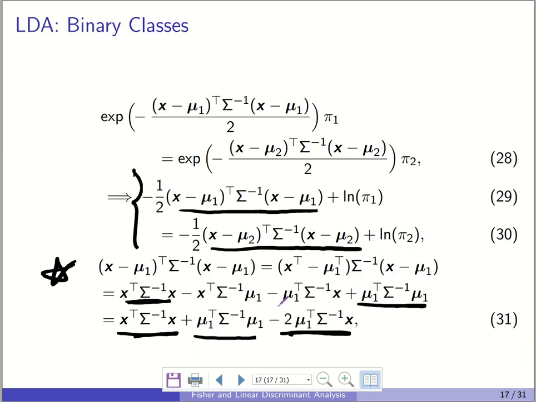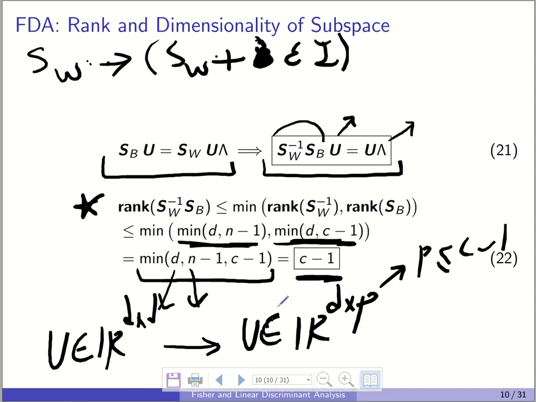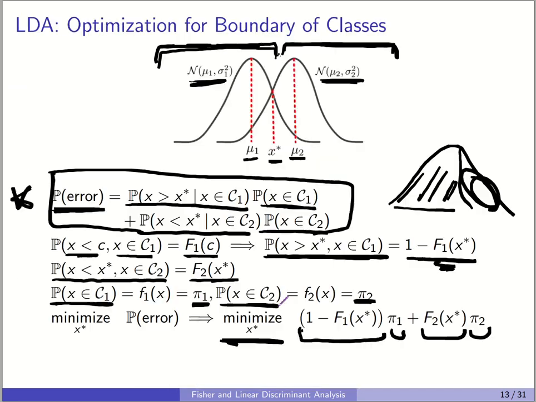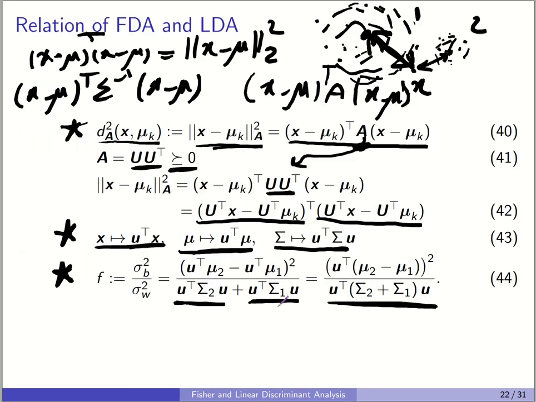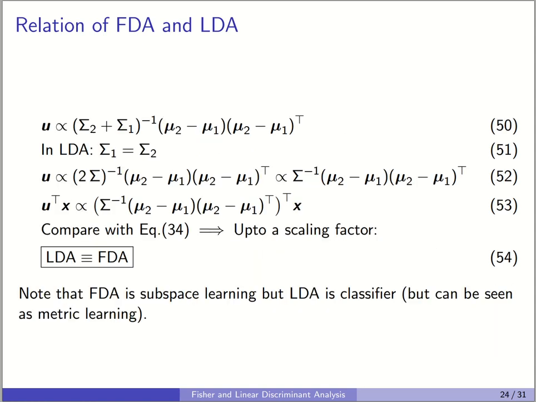Do you remember we had it in equation 21? So here we can have this, and we can say that U is the eigenvector of sigma 2 plus sigma 1 inverse mu2 minus mu1, as we have here, mu2 minus mu1 transpose. So we have this, and now we found this.